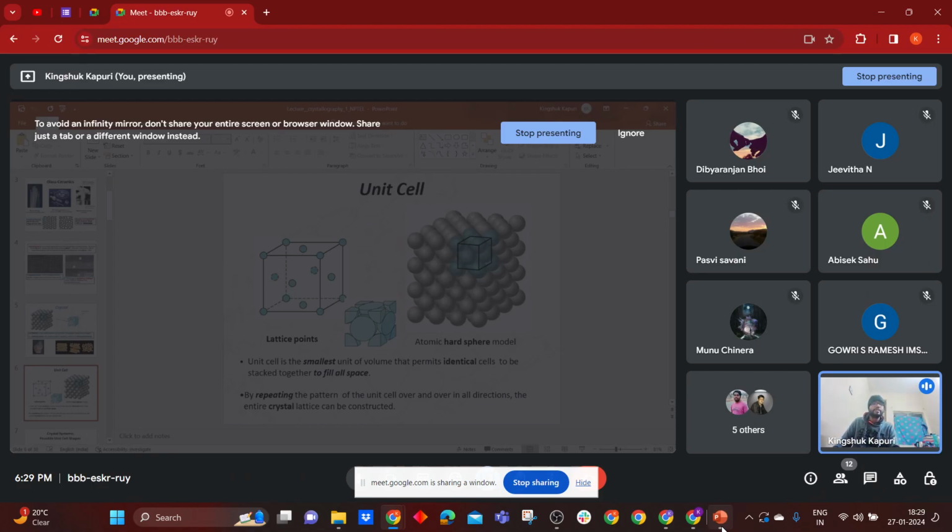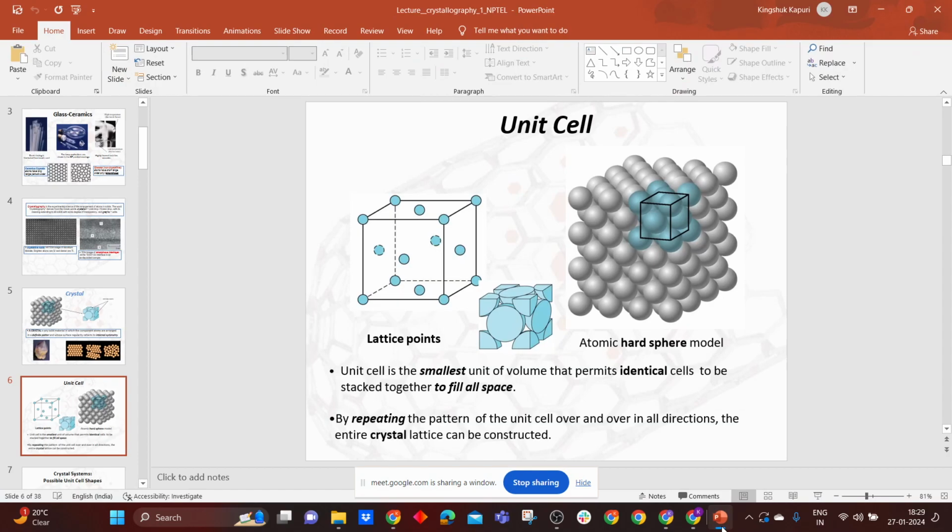Similarly, as the term cell is used in biology, in material or earth sciences we use the term unit cell. It is the smallest unit of volume that permits an identical cell. Let's take a unit cell as a cube or a square.